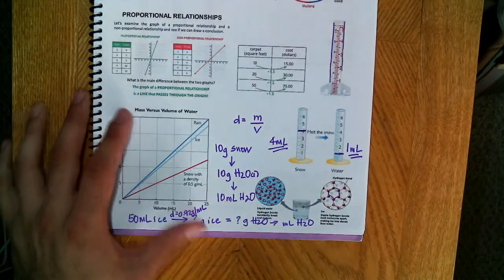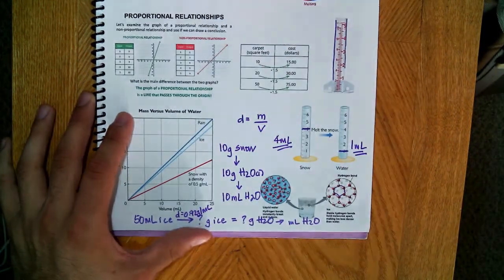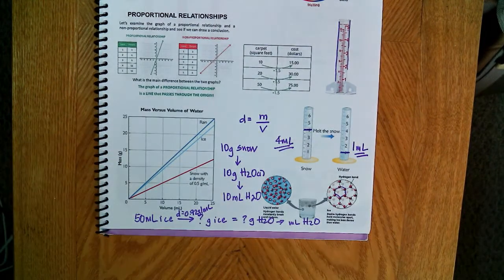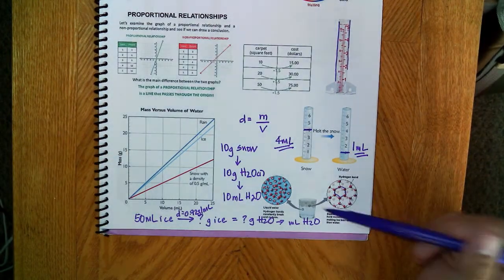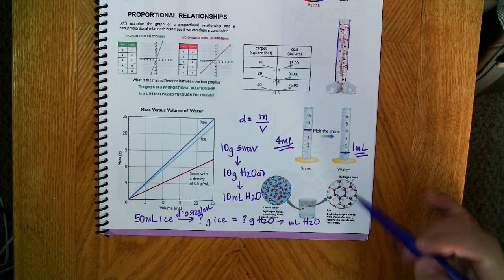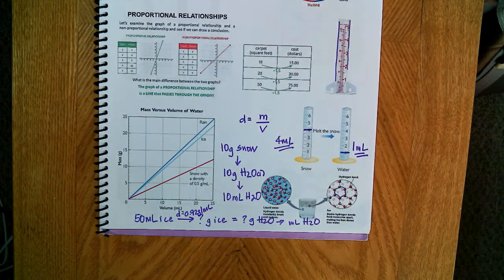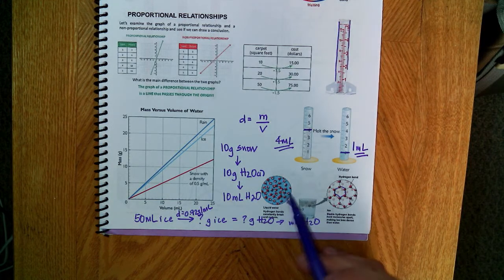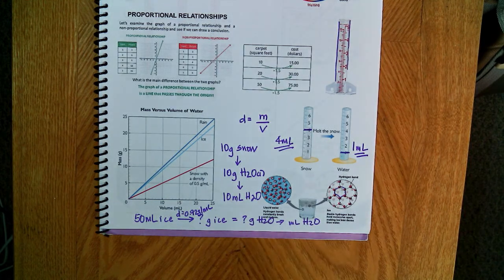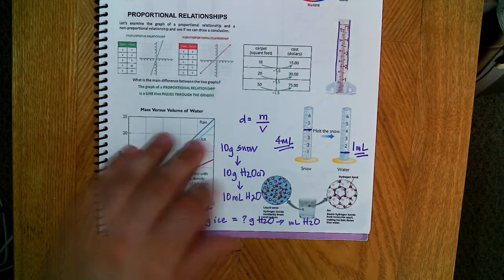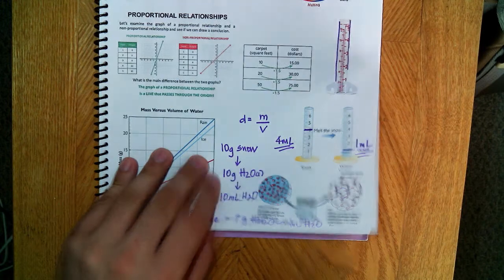They form those hexagonal arrangements in solid water and ice, which is why ice floats on water, because all this empty space, the occupation of more volume, means that ice, solid water, is less dense than liquid water. When this melts, the molecules actually come a little bit closer together. Coming closer together with the same mass means you have less volume, which means that it's going to be more dense in the liquid state.